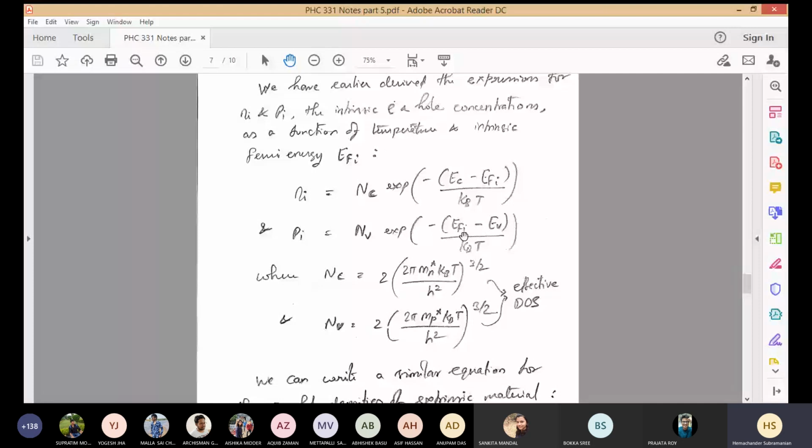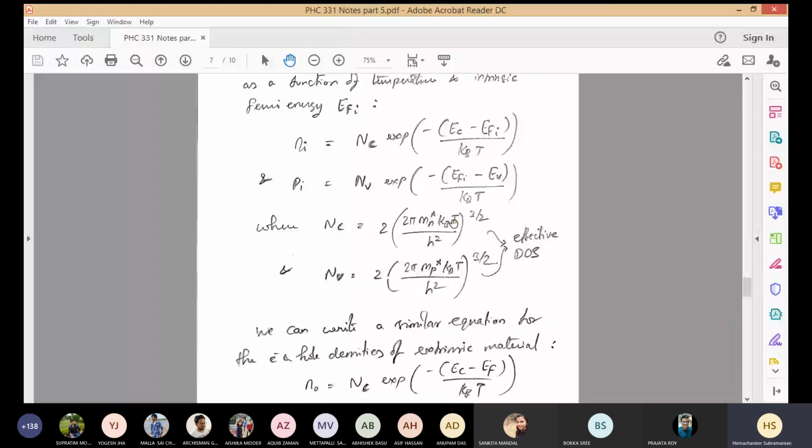So the intrinsic hole density and intrinsic electron density increase with temperature. NC and NV, these are the functional forms. All you have to remember is that this is a function of temperature. It goes as T to the power 3 over 2.